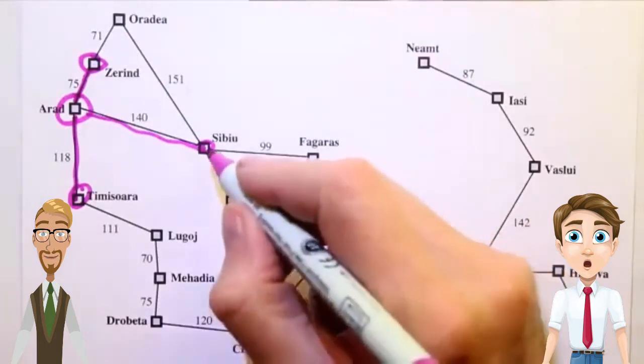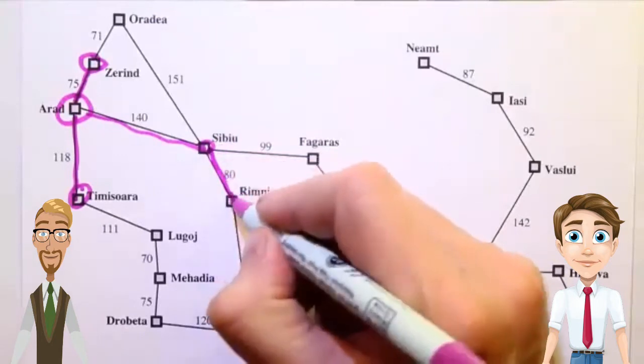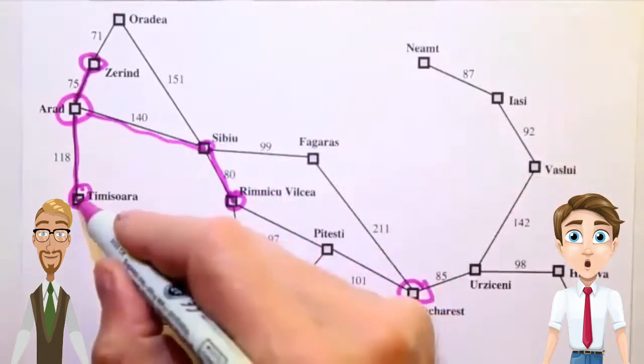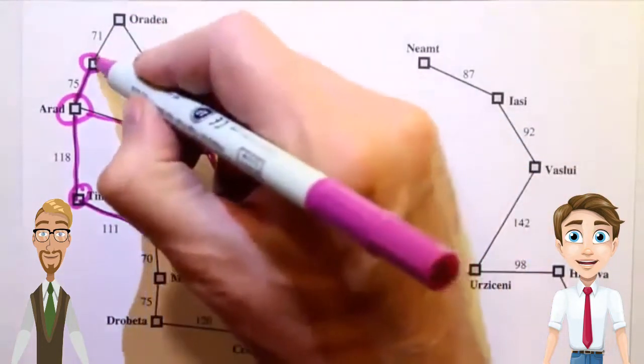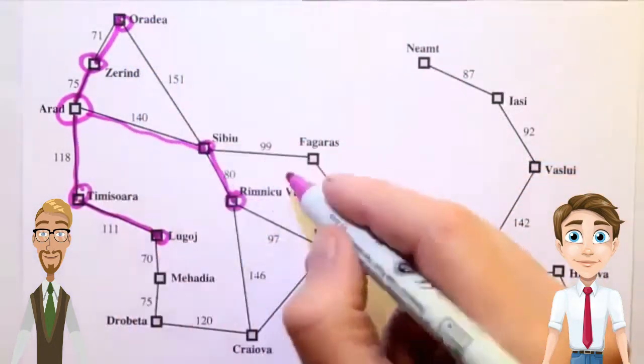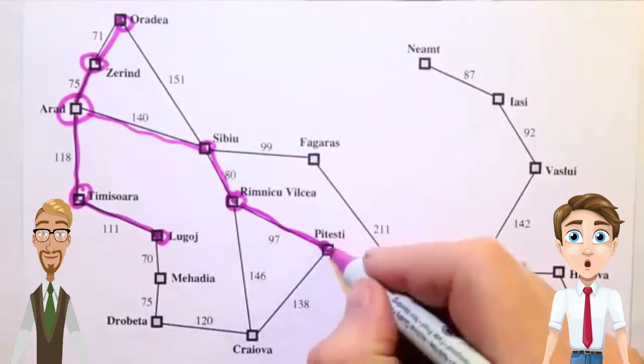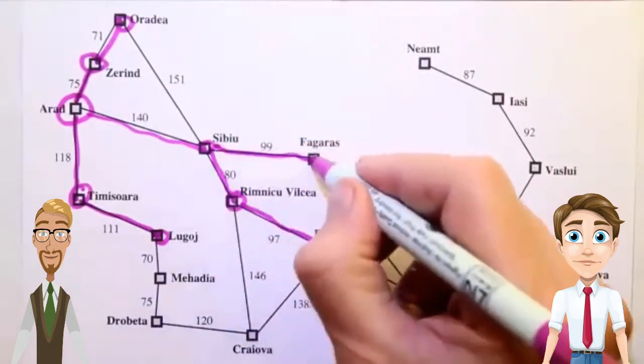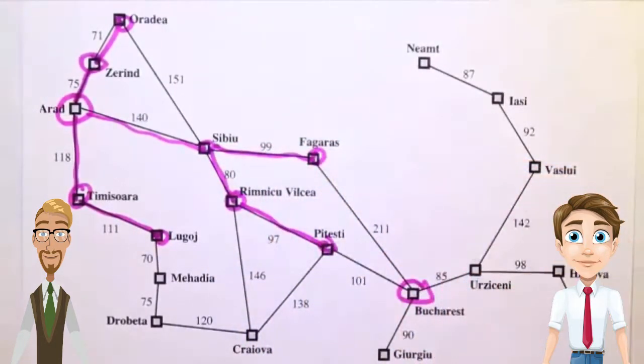We can add in another path here of length 2, another path here of length 2. Here's another path of length 2. Here's a path of length 3, another path of length 2, and so on. All two-hop neighbors of Arad and one three-hop neighbor of Arad are circled on the map.